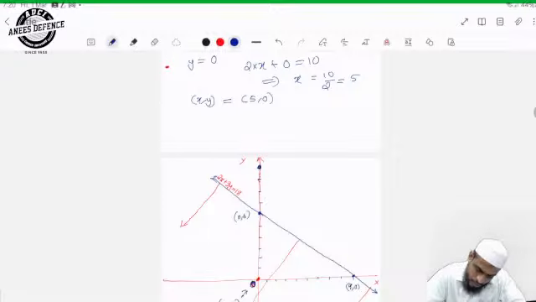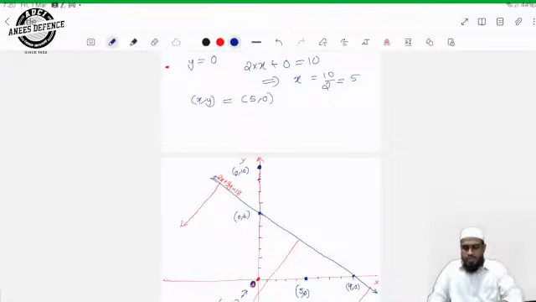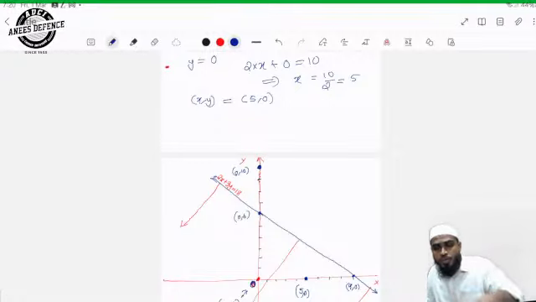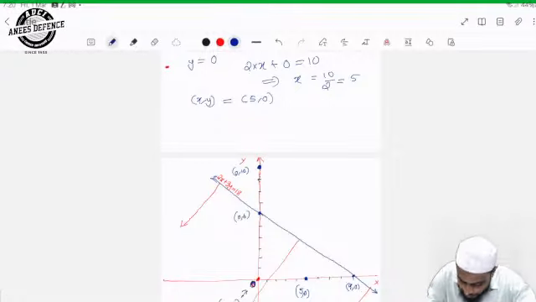This is the point of interest, and it can be represented as 0 comma 10. The other point is 5 comma 0. Here 1, 2, 3, 4, 5. So this can be considered as 5 comma 0. By using 0 comma 10 and 5 comma 0, you can extend a line here.